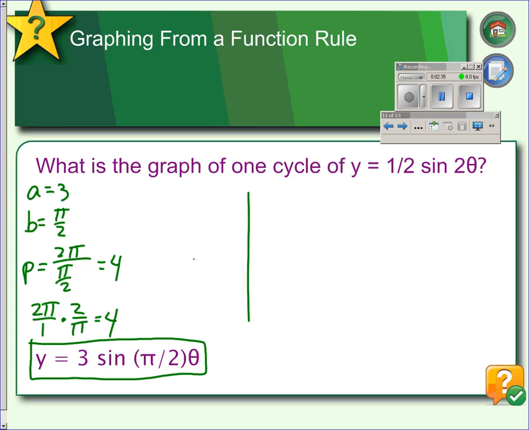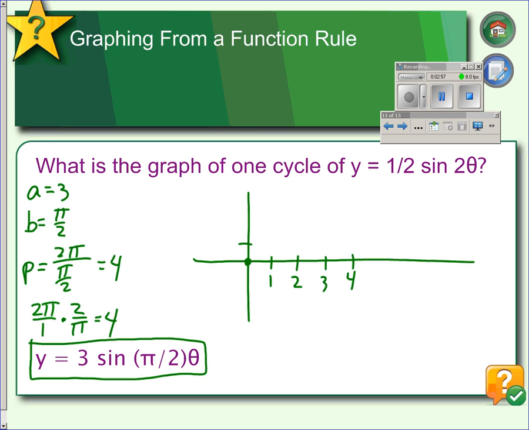So for graphing it, our 5 important points, I'll put those on first this time. We'll start at the origin, and then once you get to the 5th point, this would be the end of the first cycle, and that's equal to the period. So if this is 4, that means we're counting by ones. This is 1, 2, and 3.